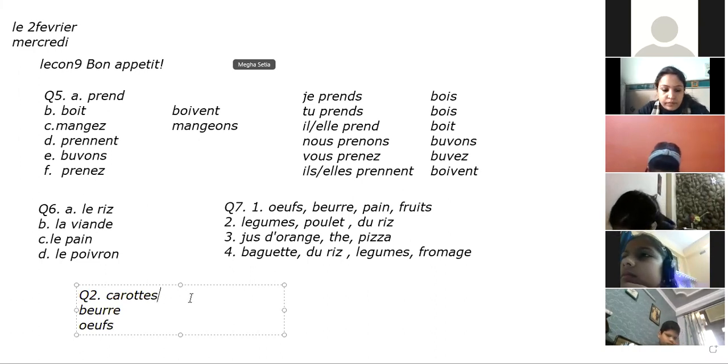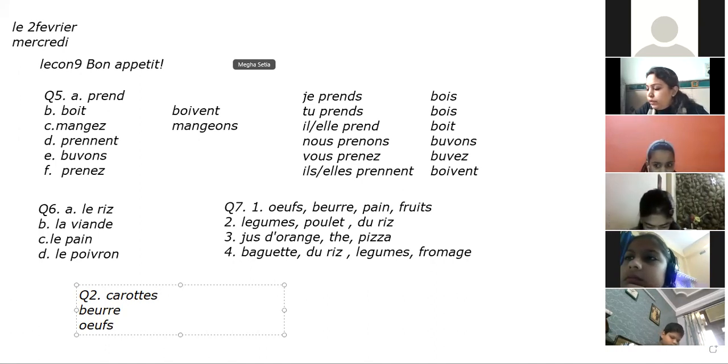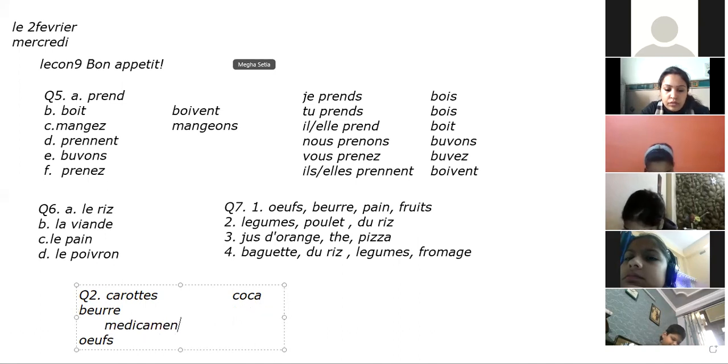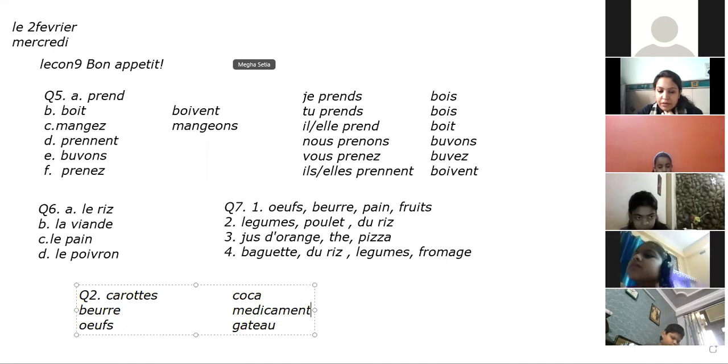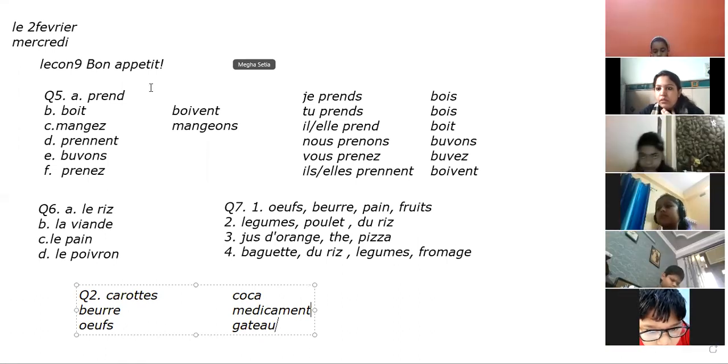Next is une bouteille de coca, a bottle of coke. Next is une boîte de médicaments, a box of medicines. And the last will be une part de gâteau, a piece of cake. Okay, now our chapter is over.